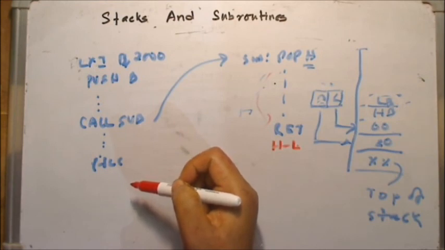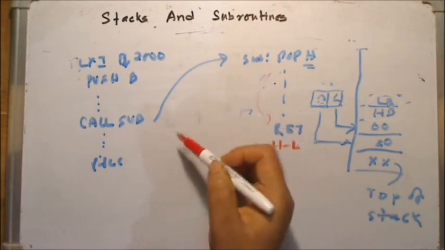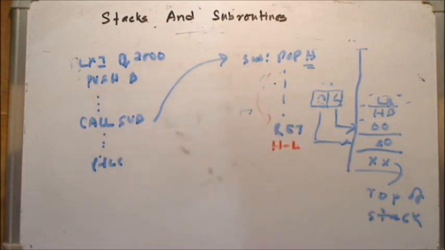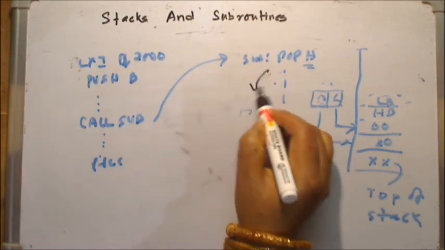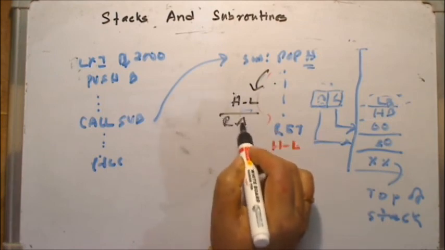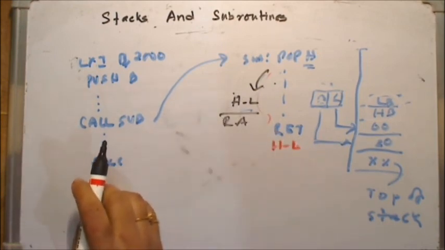Get the return address into the HL pair.